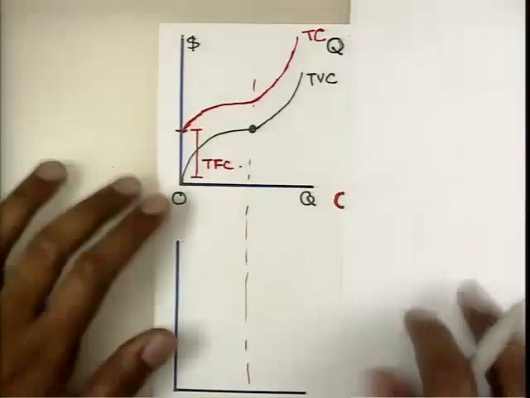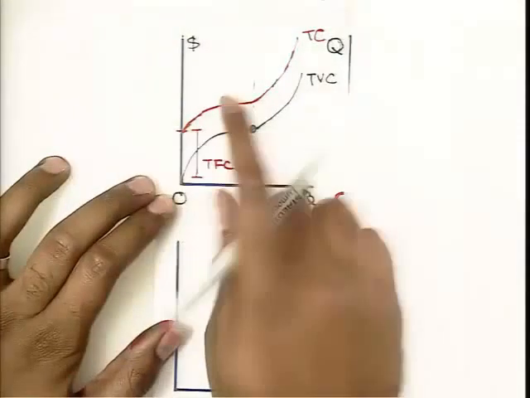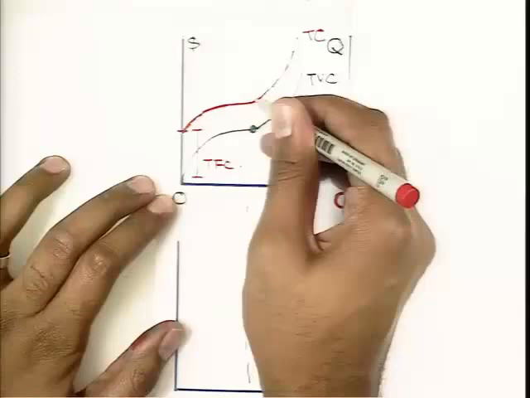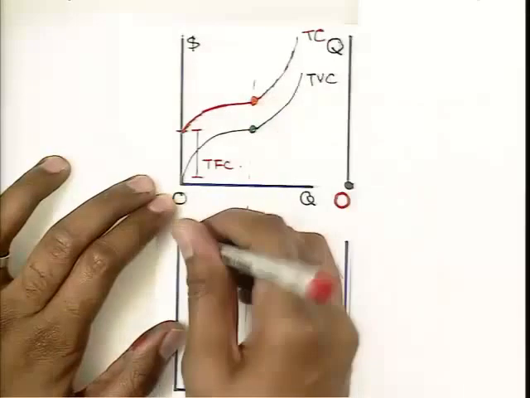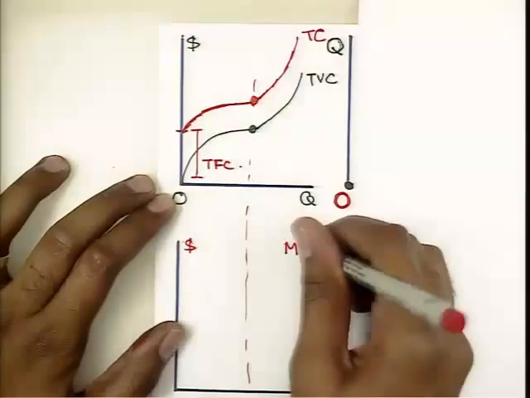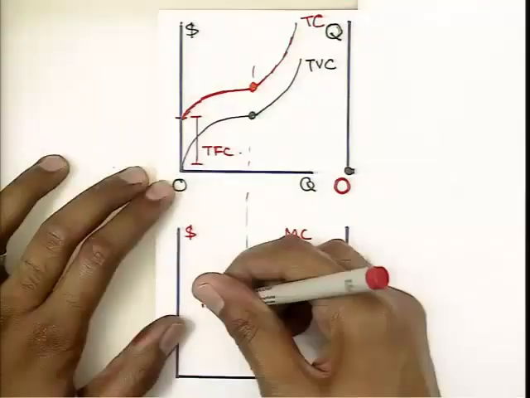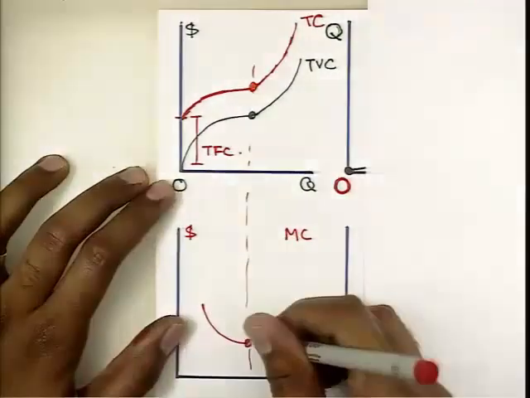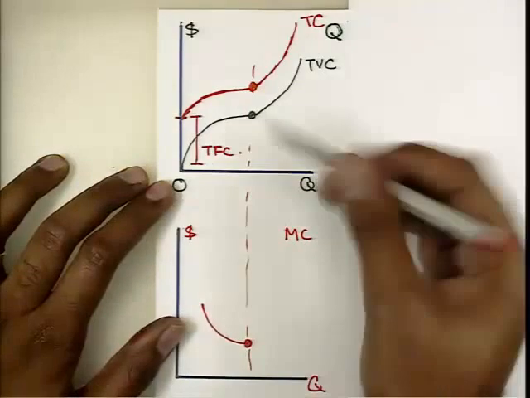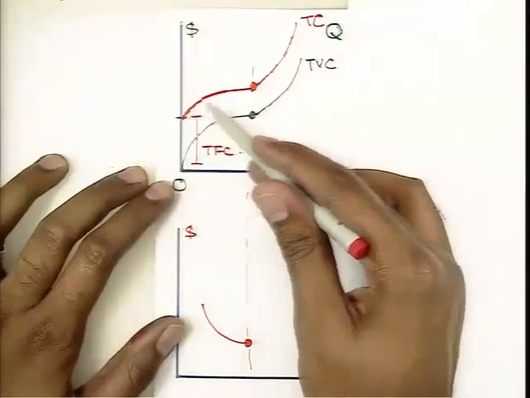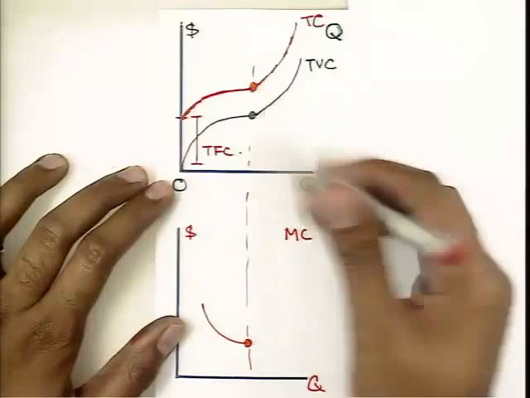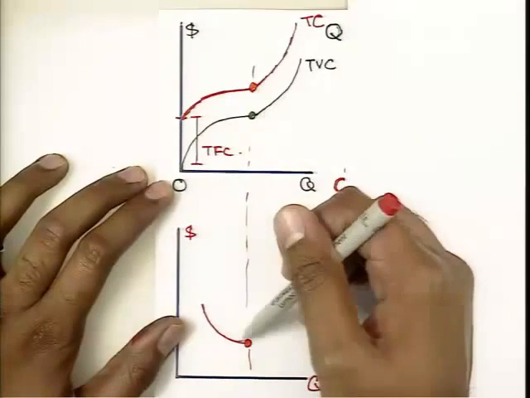So initially, cost is increasing at a decreasing rate. So your marginal cost is actually going down. Why? Because cost is increasing at a very slow rate. So your extra cost is actually falling.